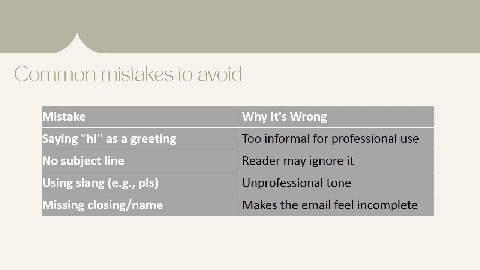The reader may ignore it, so it's important to include the subject line in your email. Another mistake to avoid is to use slang, like for example, plz, u. So don't use contractions because it's informal. Write the full words. Okay, don't abbreviate them because it's an unprofessional tone.